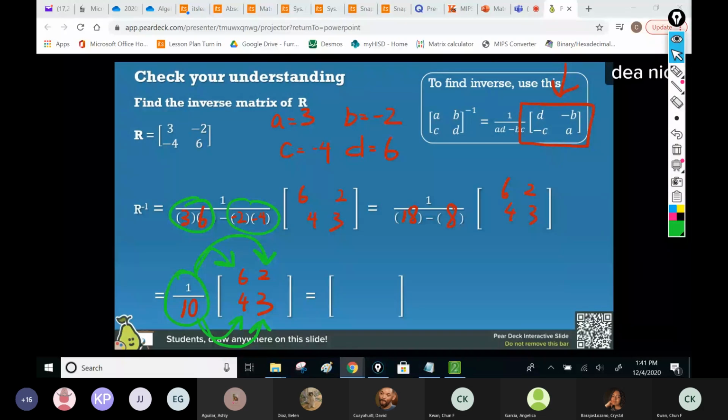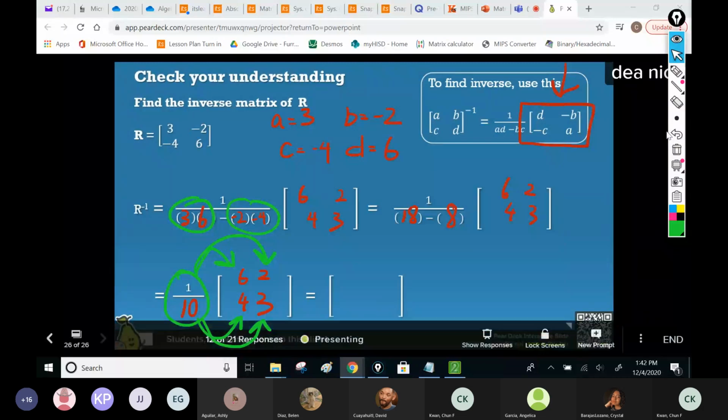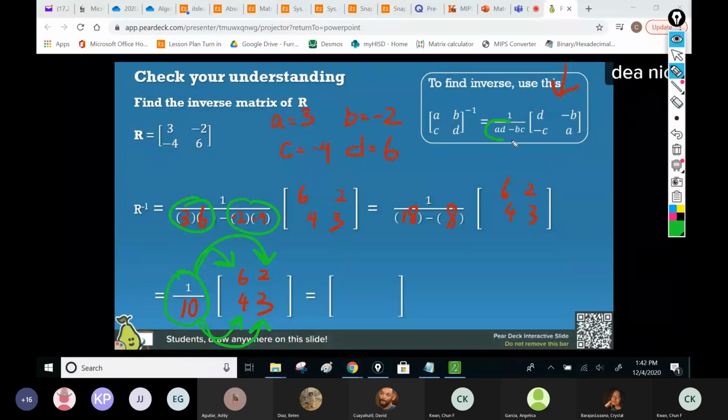You have some of the numbers incorrect. So double check the denominator. Double check on the denominator. Why do I have 3 times 6?